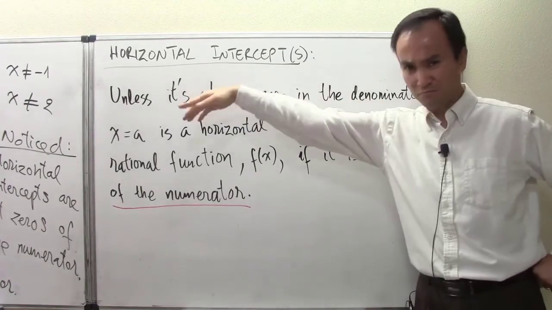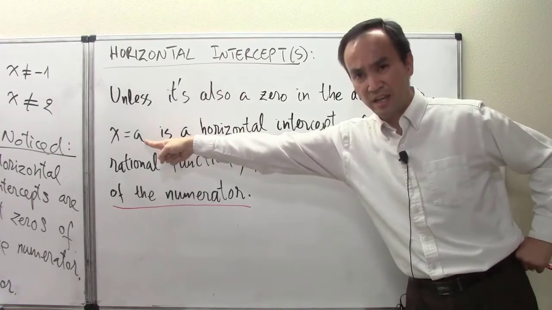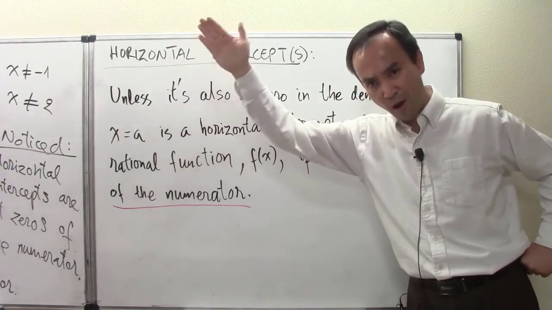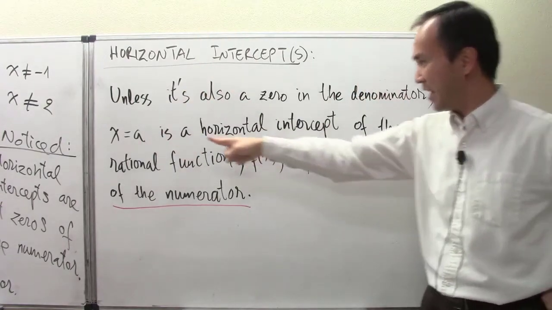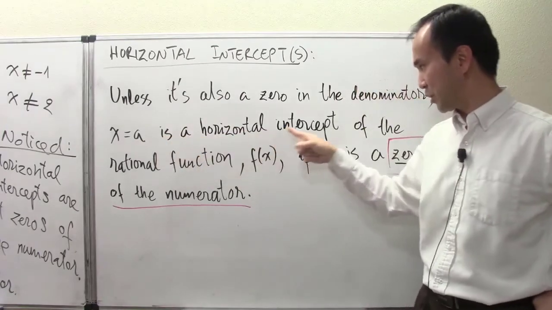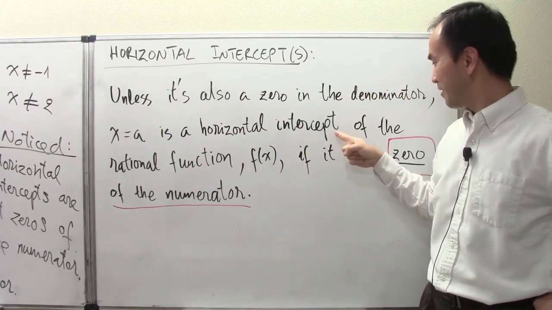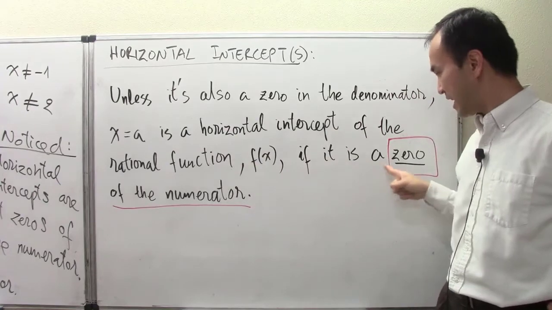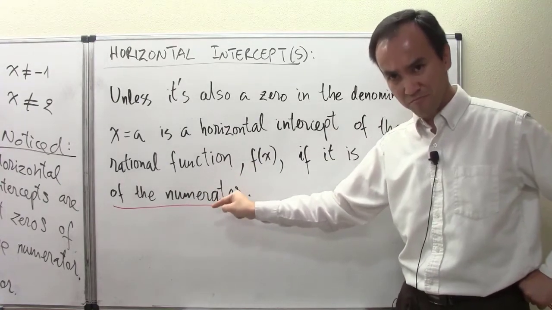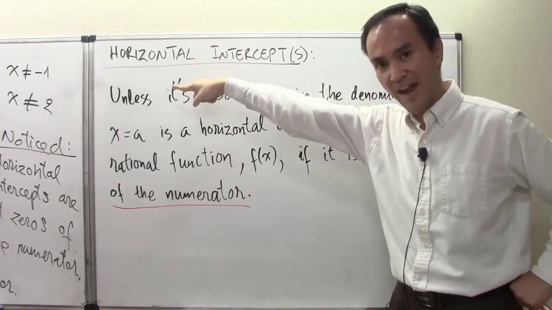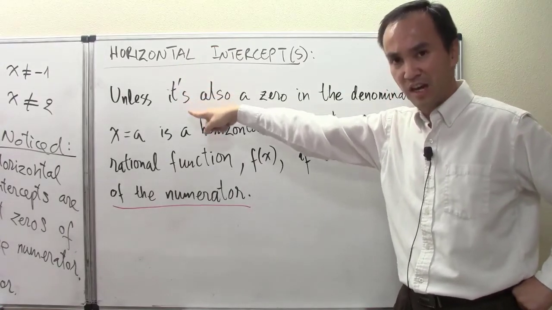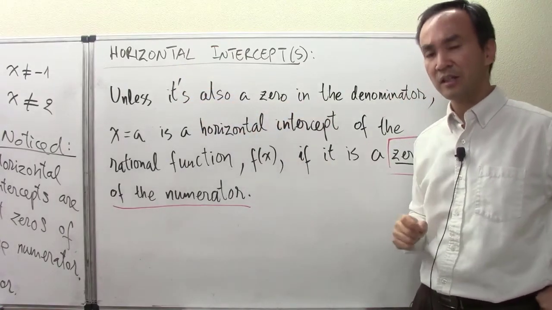So what am I talking about? Any value x equals a on the horizontal axis. Any value x equals a is a horizontal intercept of the rational function if it is a zero in the numerator, but we have to filter it out because I'm saying unless it's a zero in the denominator.